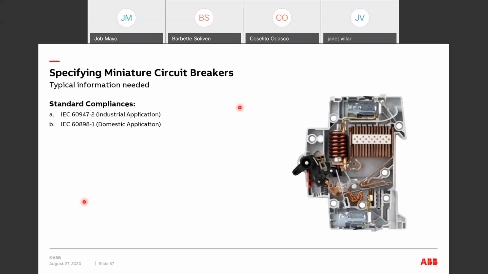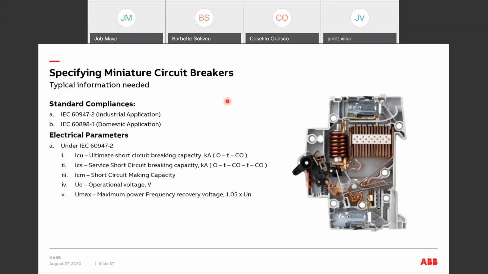So we have the 60947-2 and the 60898-1 standard. And of course, we need to understand the electrical parameters. Under IEC 60947-2, we have the ICU, the ICS, the ICM, the operational voltage, and then the maximum power frequency recovery voltage.